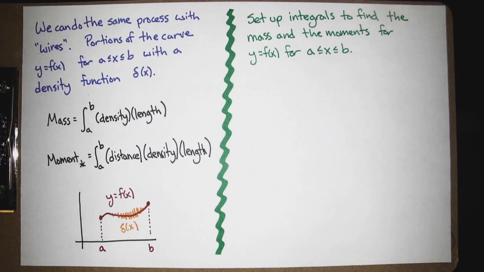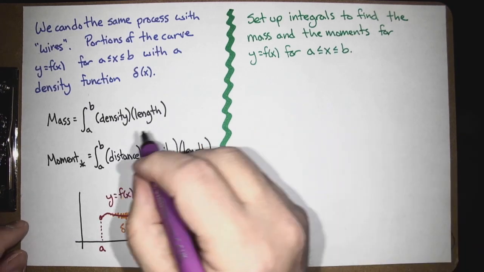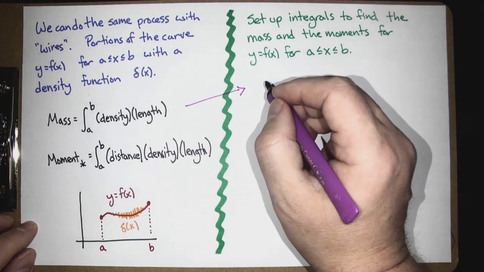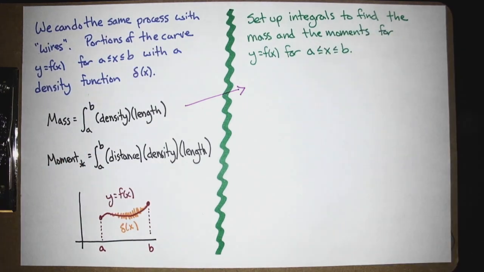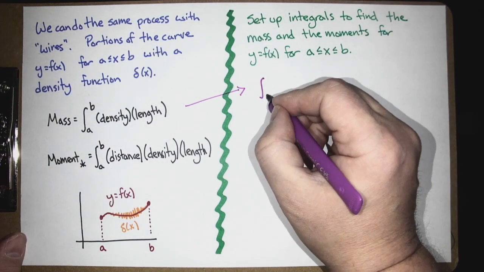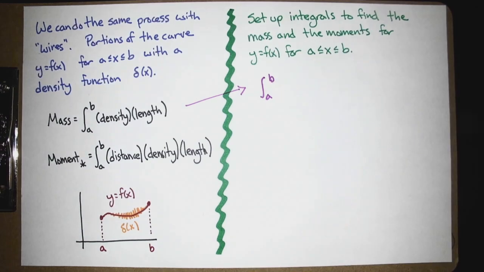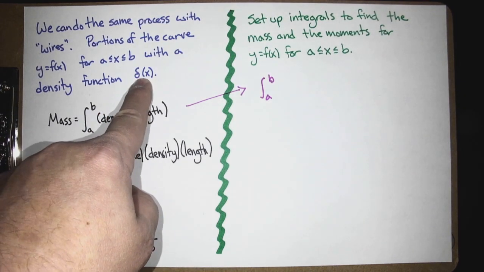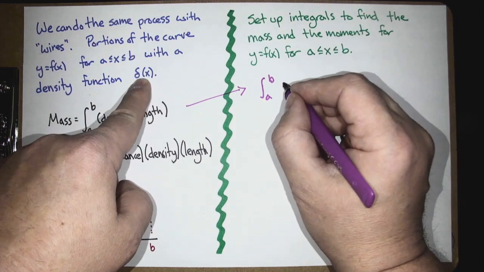All right, so let's talk mass first. Well, what should our bounds be? A to b. What should our density be? Do we have a density function? There's our density function.